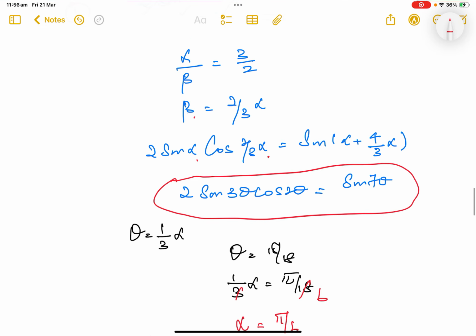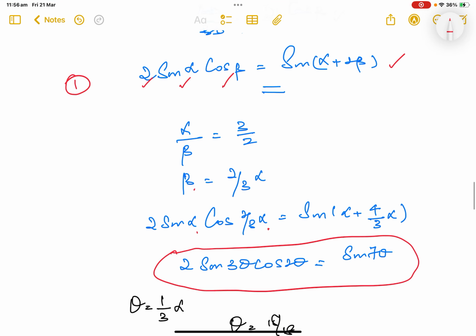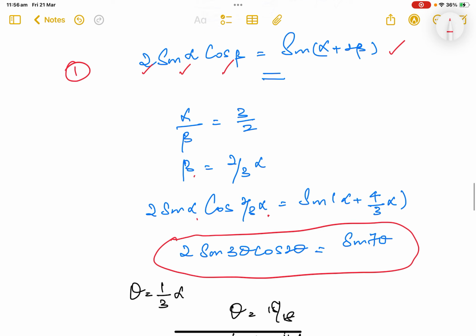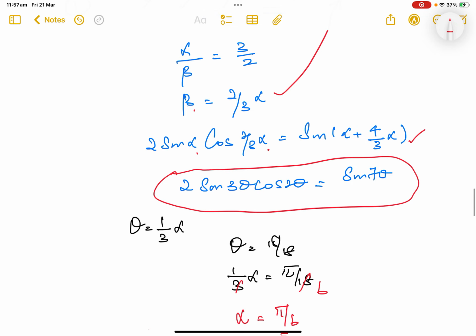The first step, we simply substitute beta equals 2/3 alpha into this equation. We have 2 sine alpha cos 2/3 alpha equals the right hand side, sine of alpha plus 2 beta, that is 2 times 2/3 alpha, so 7 over 3 alpha. Now compare with the equation we have been given, 2 sine 3 theta cos 2 theta equals sine 7 theta.